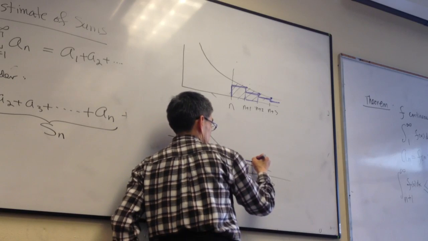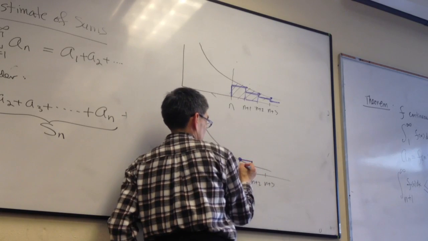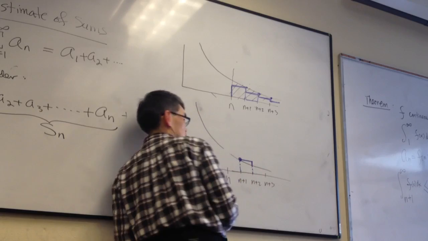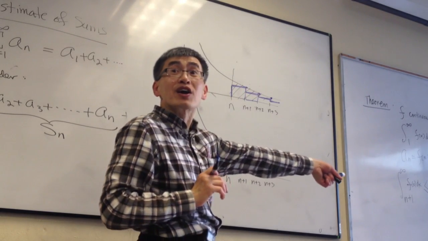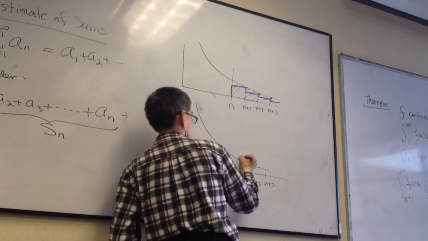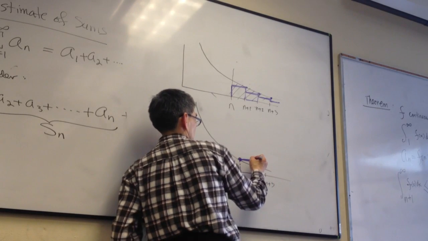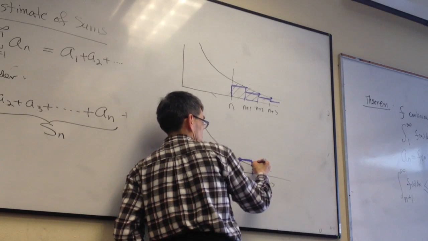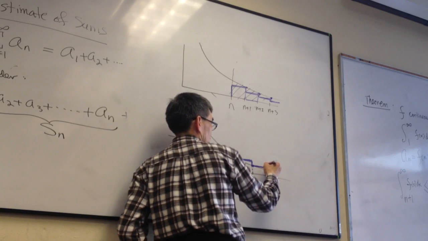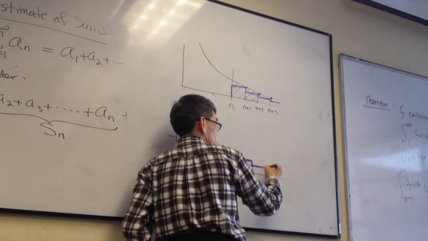So this, from here, this is the first rectangle. What is the height? A_{n+1}, the first turn over there. But I presented it as this rectangle. Then you go down, hit this one, right? And then you turn to the right, and then go down to hit this one. So you have a staircase.